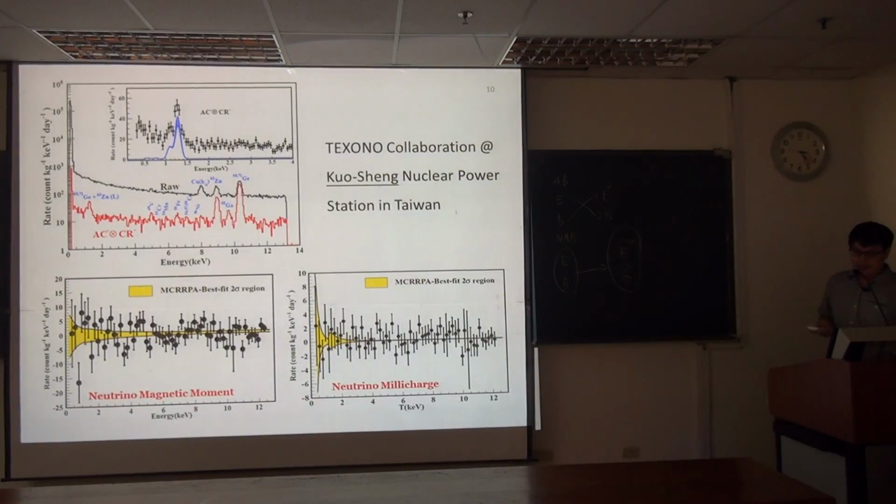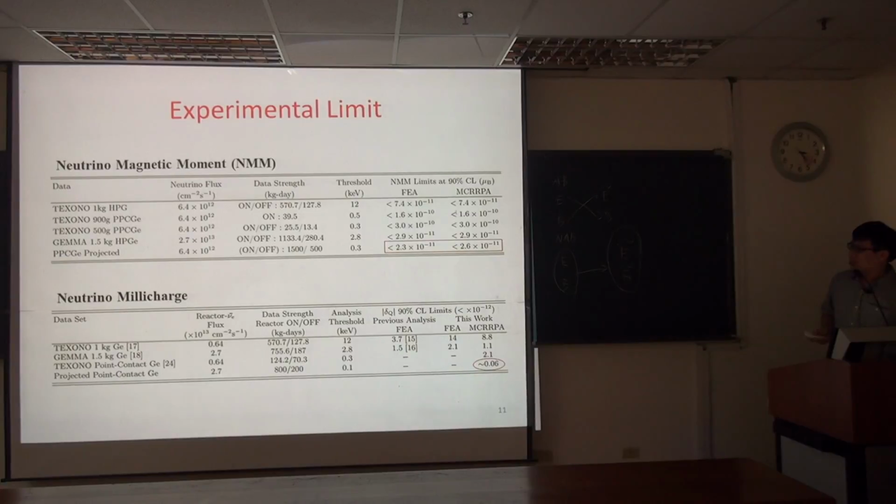The nuclear reactor neutrino spectrum is known, so we can do the calculation based on the reactor neutrino spectrum. So these are their signals, and the two figures below show our theoretical calculation fitting with their data. So we can get some limits for determining the magnetic moment and millicharge.